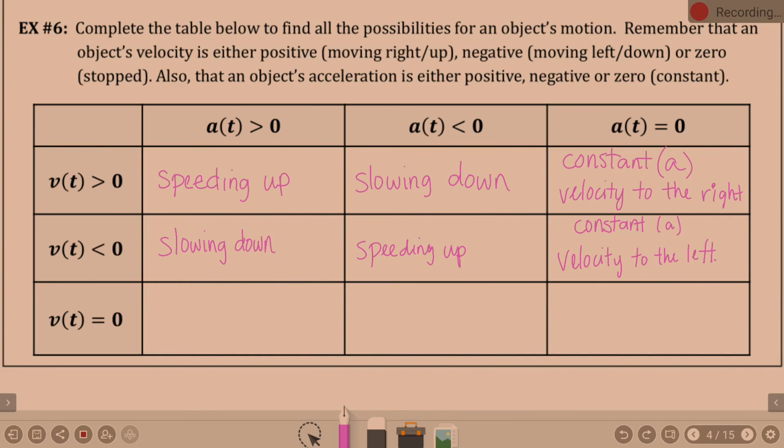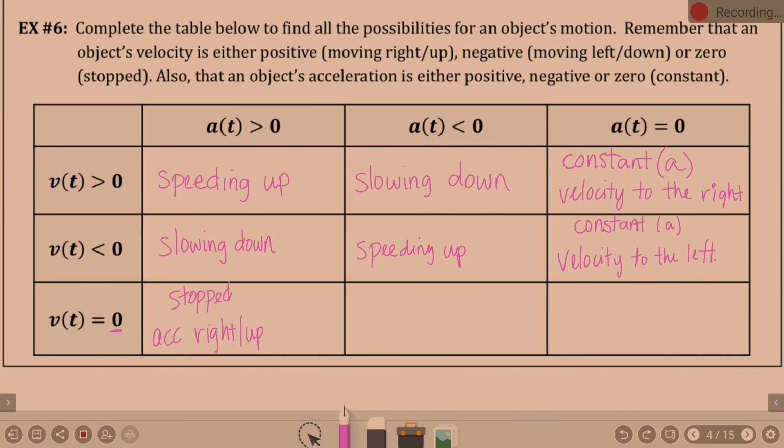It's stopped, whether it's paused and turning around, it's stopped. Now, the acceleration being positive says that it's pushing it right or up, but there's no velocity, so it's not actually moving.